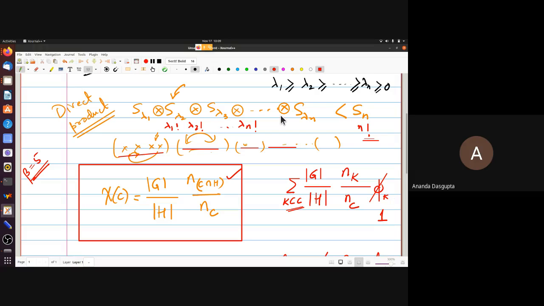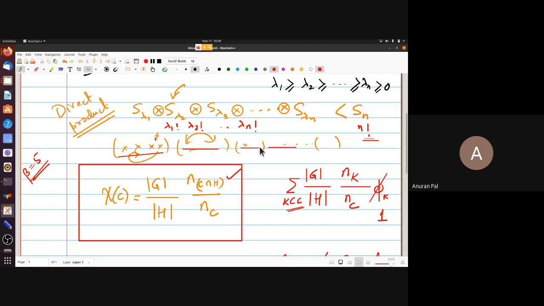First of all, let me make this very clear, although I think it's pretty clear to all of you, that not all elements of Sn will be members here, right? For example, something which permutes an object here to an object here. Even a 2 cycle, let's say one element here switches places with one element here, that's a 2 cycle.